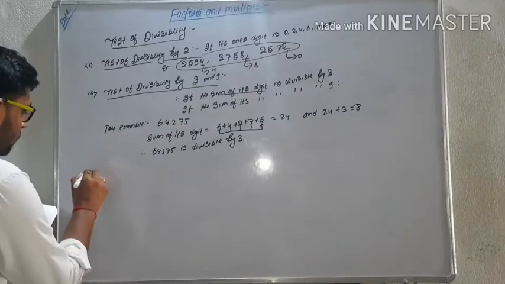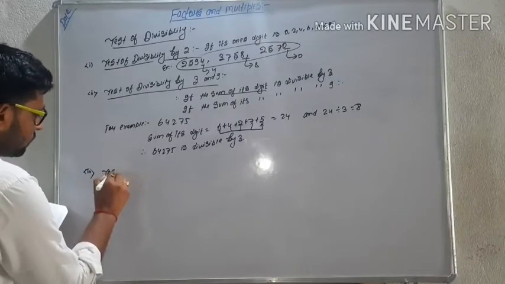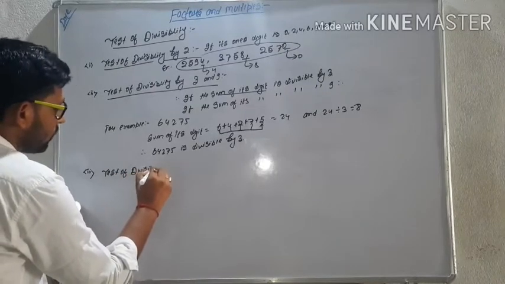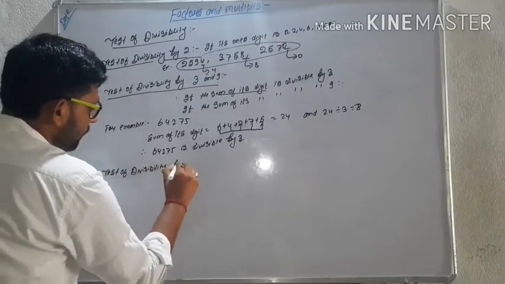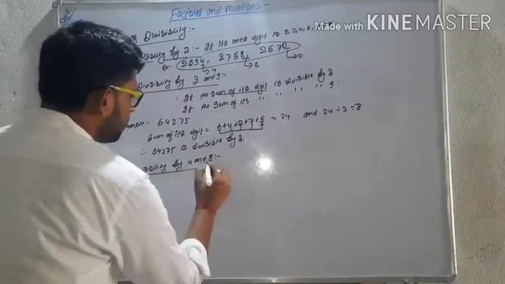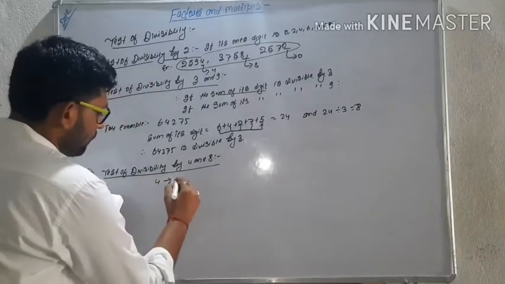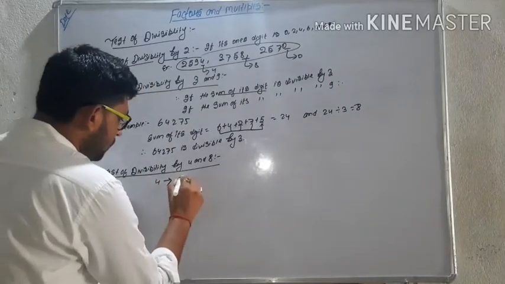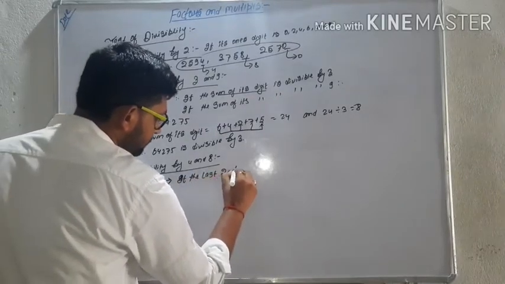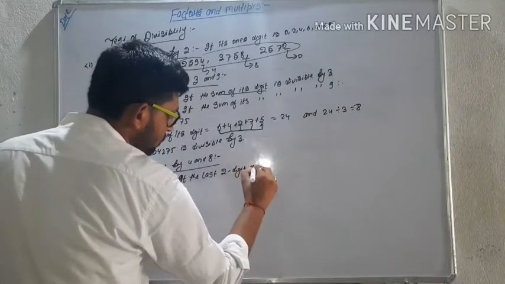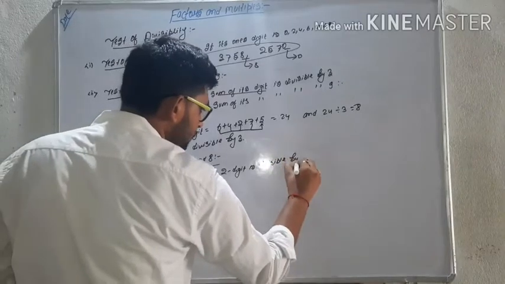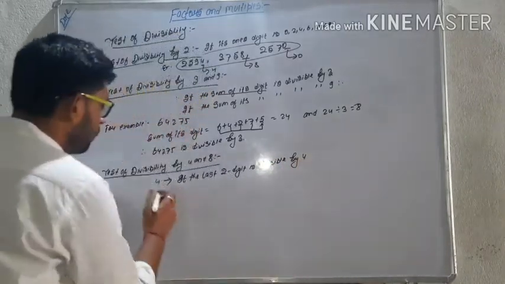And now, third, divisibility by 4 and 8. For 4, that means if the last two digits are divisible by 4, then the whole number is divisible by 4.